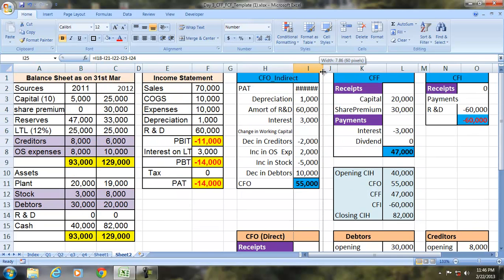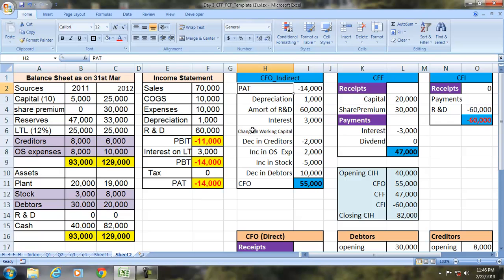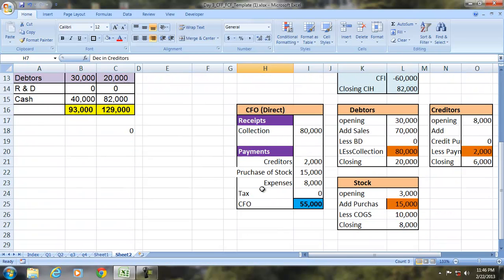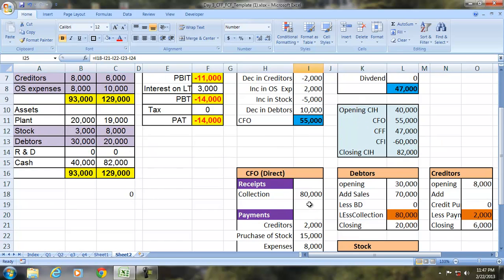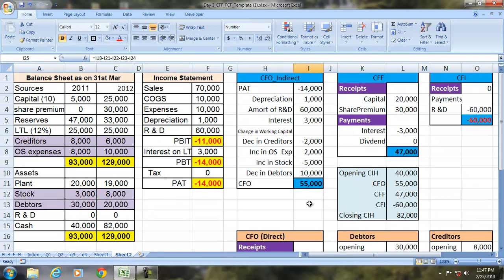So in indirect method we try to adjust the profit, PAT, add depreciation, add amortization, add interest, and plus minus the changes in the working capital. Whereas in case of a direct method, we try to find the actual collection and actual payment. Either way, we get the same result.